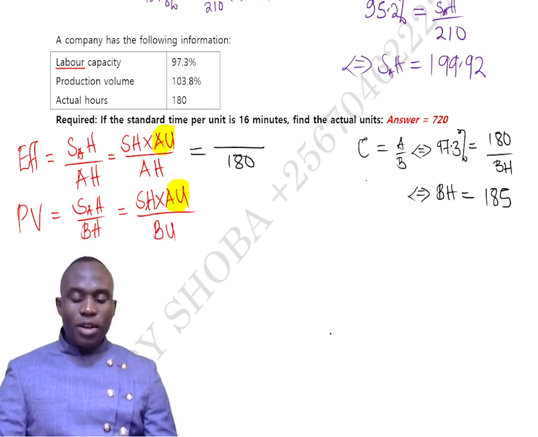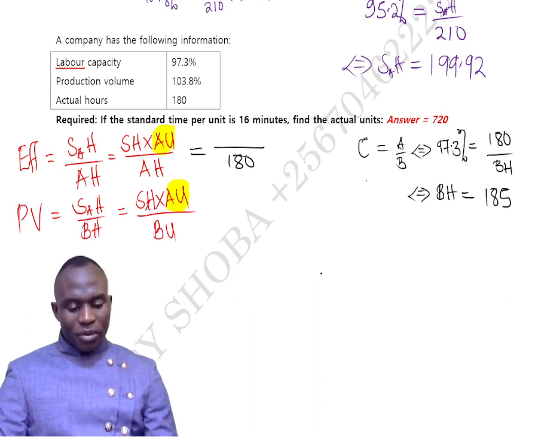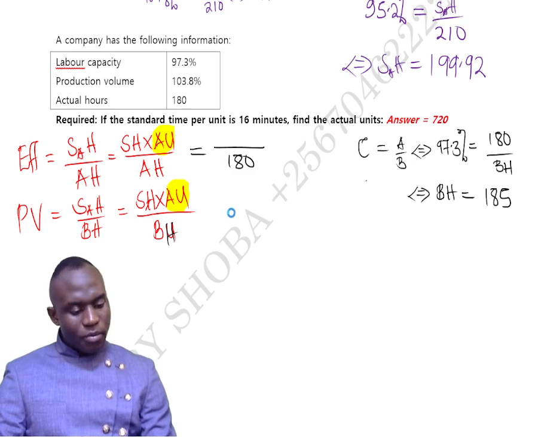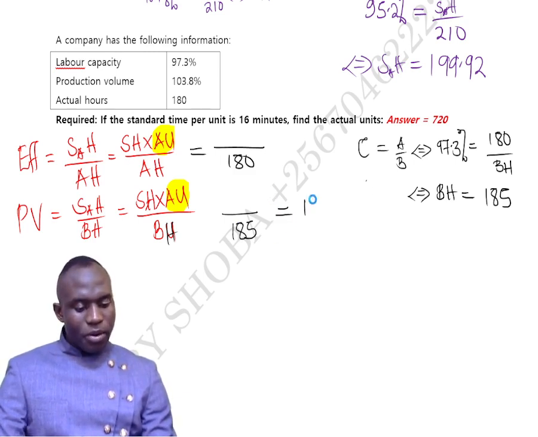Now, since they have given us the production volume ratio, we can use the second formula to find the actual units. Okay, so we have budgeted hours, which is 185, and we have the production volume ratio, which is 103.8.